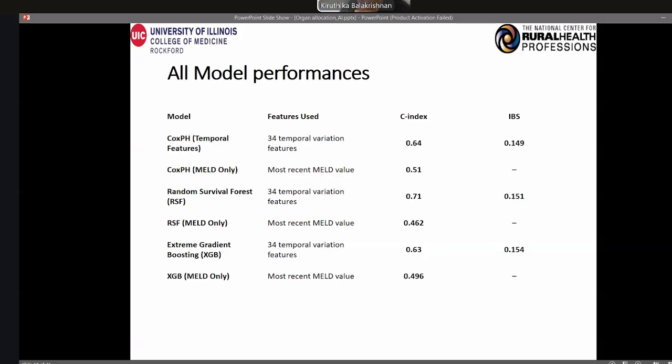We can see that the random survival forest model achieves the best performance, and you can also notice that the MELD-only models are underperforming with very low performance. So we can say that MELD alone can't be the score for allocating the liver to give more survival for patients after liver transplantation.